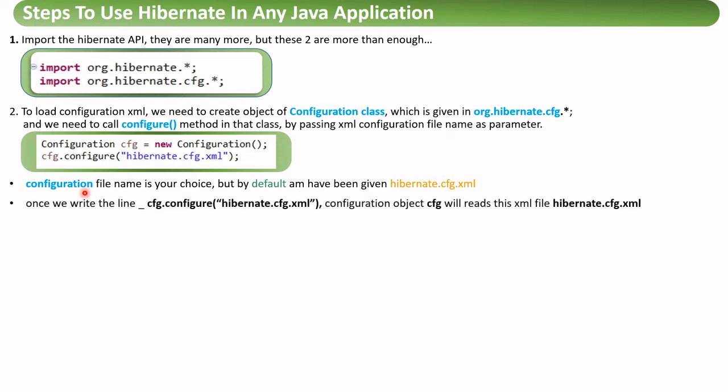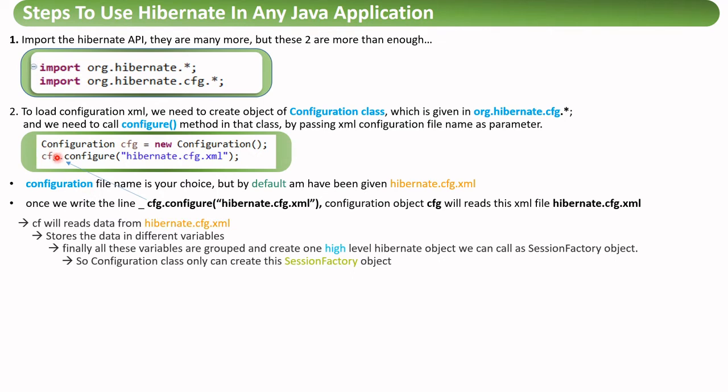Once we write the cfg configuration, the configuration object cfg will read this XML file. The cfg will read data from hibernate.cfg.xml, then store the data into different variables.